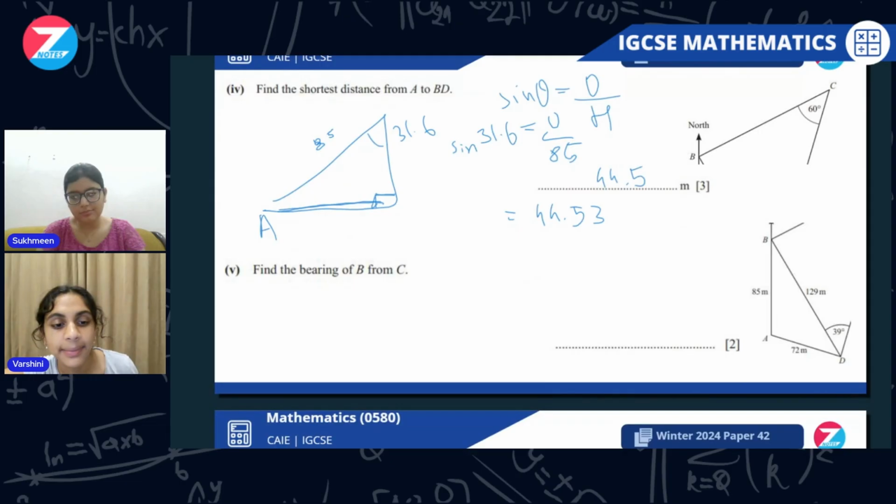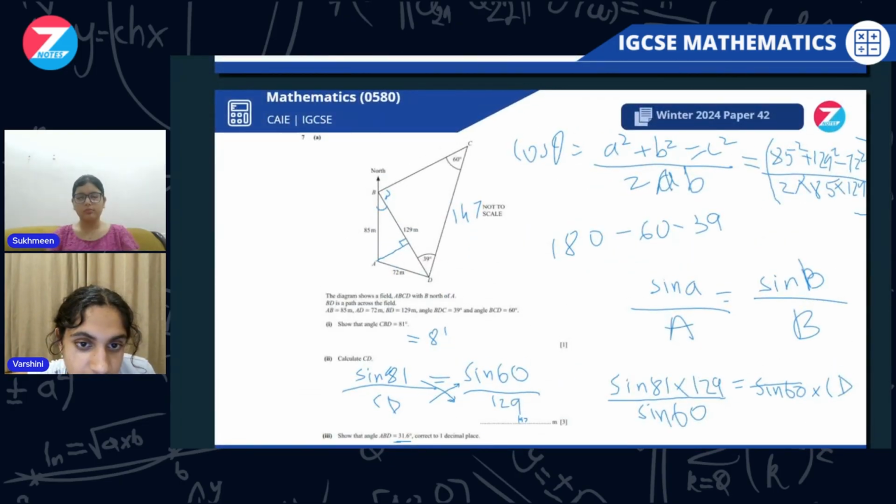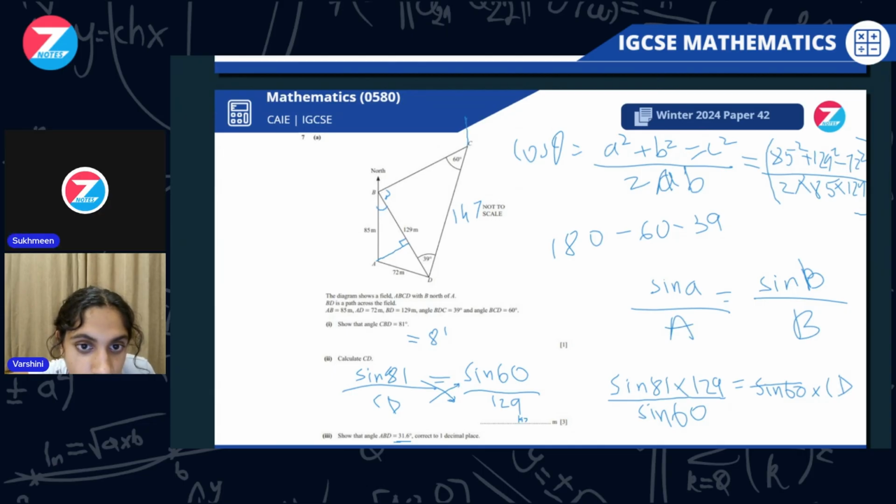Right. Find the bearing of B from C. So we want the bearing of B from C, and when we find the bearing, always remember it's going to be from north all the way around. We want this whole entire angle, and from C. So let me just extend this line.